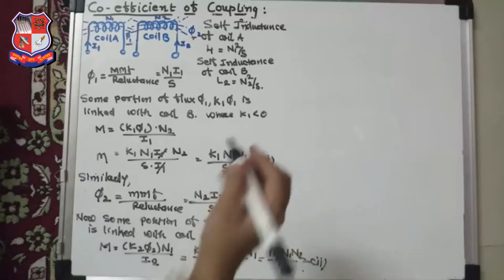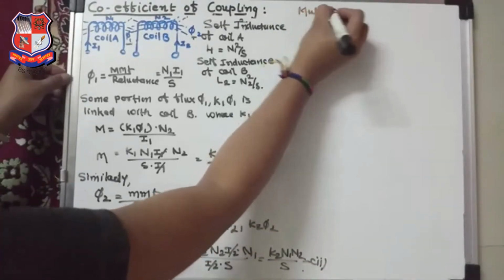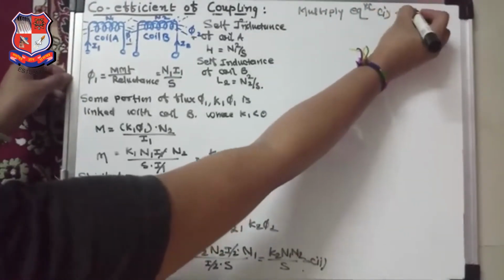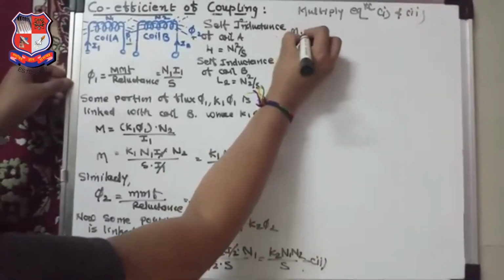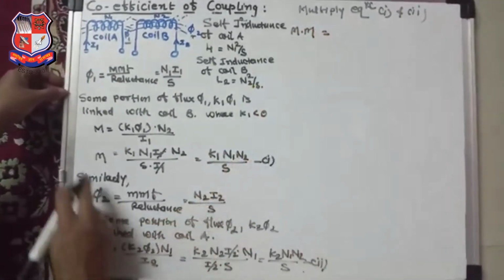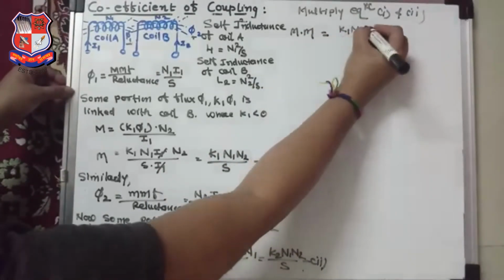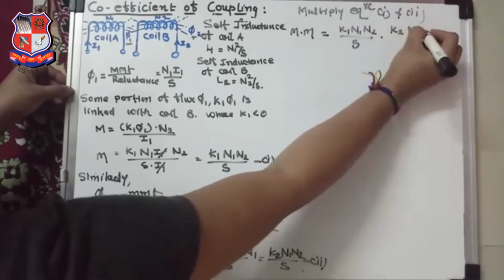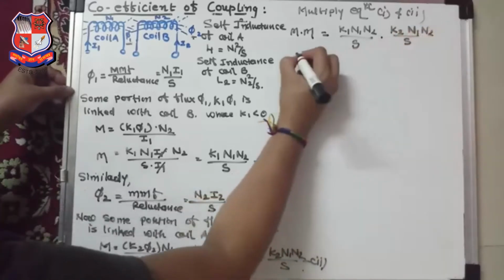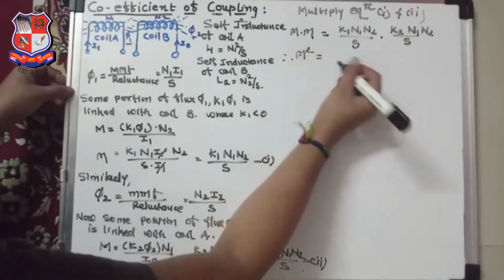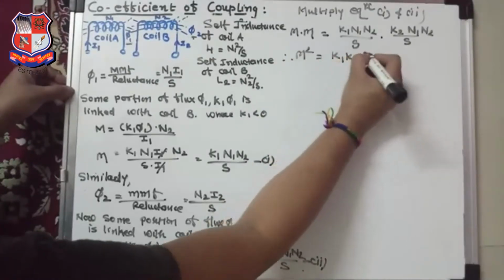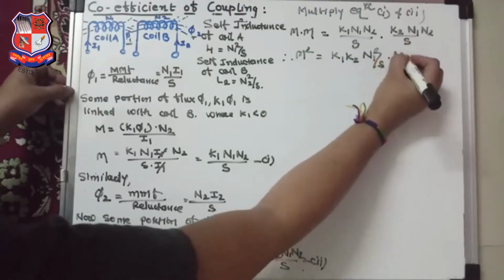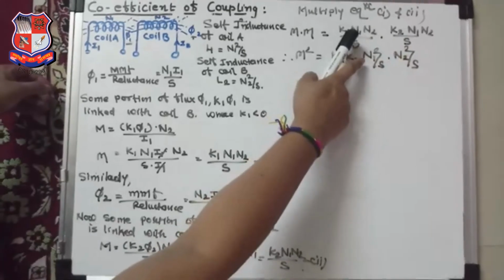Now multiply equation 1 and 2. You get M into M equal to K1 N1 N2 by S into K2 N1 N2 by S. So M square is equal to K1 K2 into N1 square by S and N2 square by S. Now what is N1 square by S?